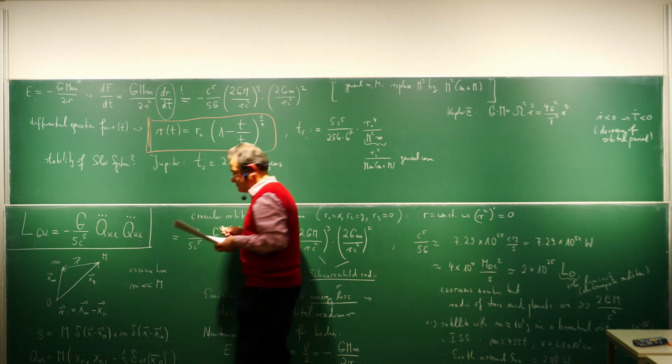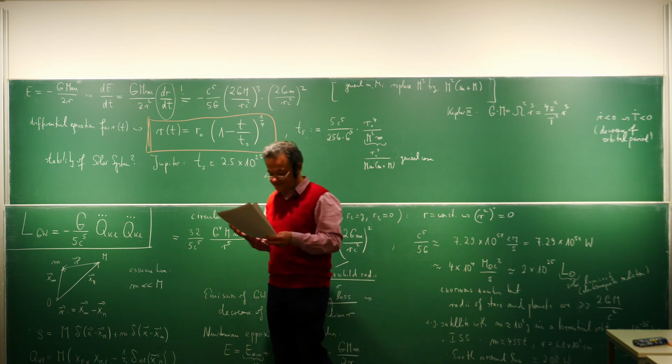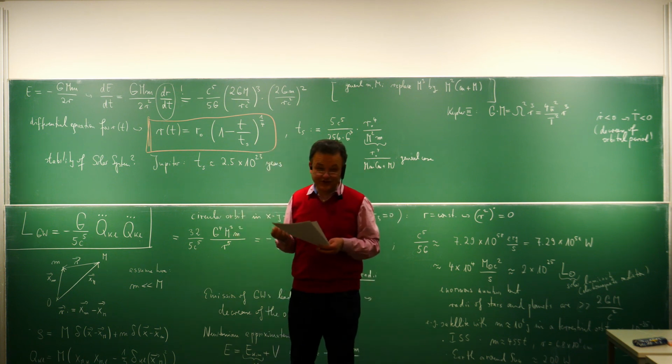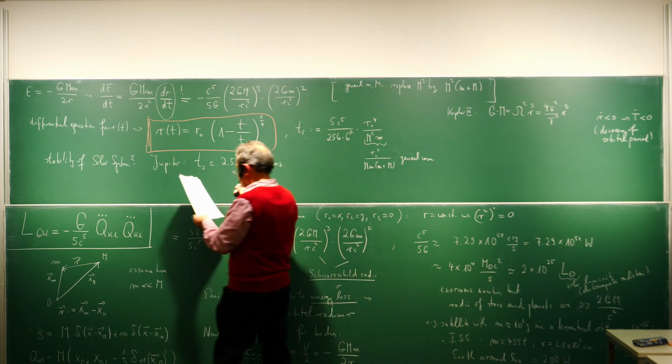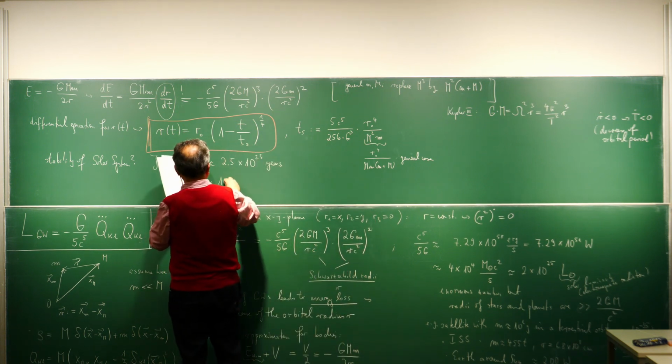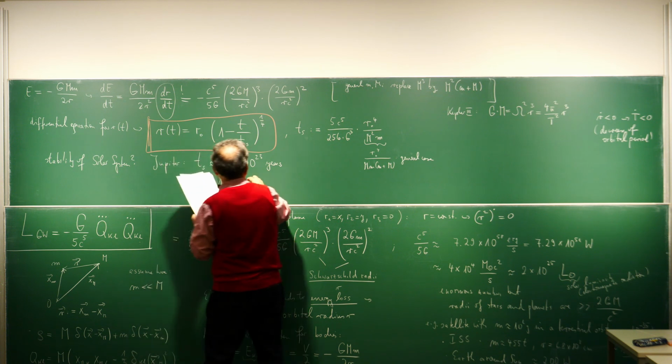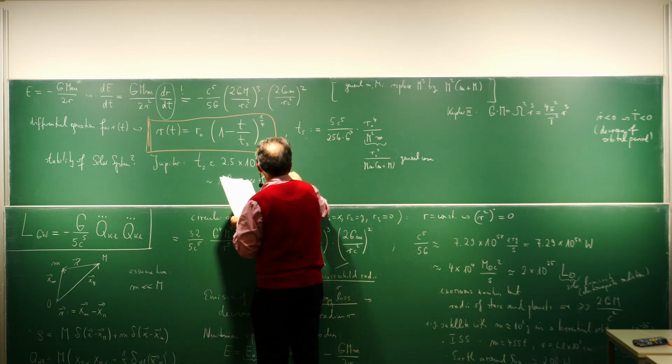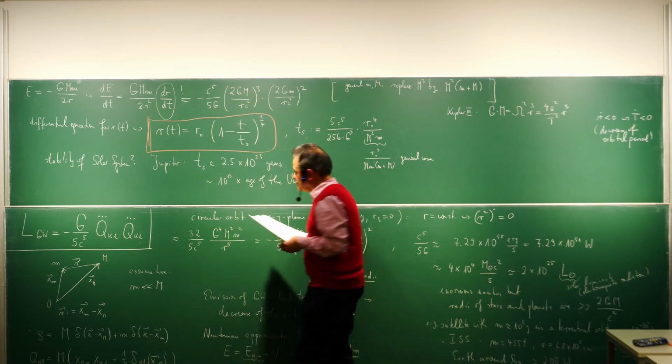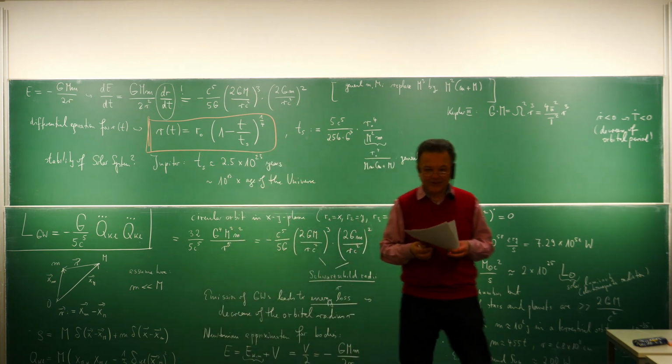Now, is this a big or small time? Well, the age of the universe is around 10 to the 10 years. You will learn that in Relativity 2. So this is of the order of 10 to the 13 times the age of the universe. So you see, you need not be worried about this.